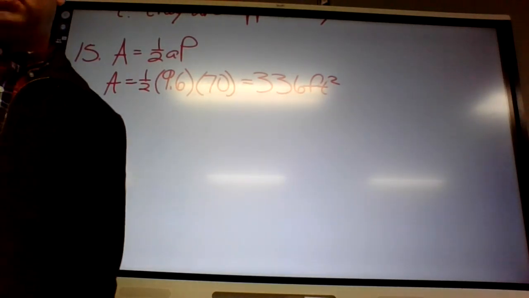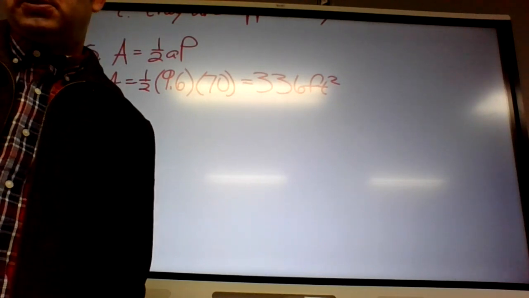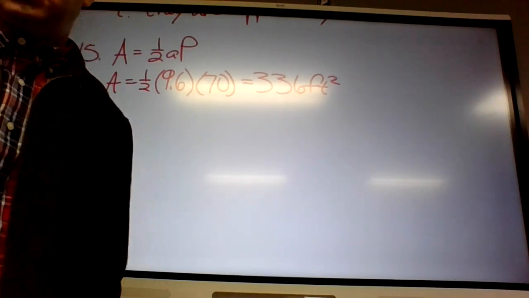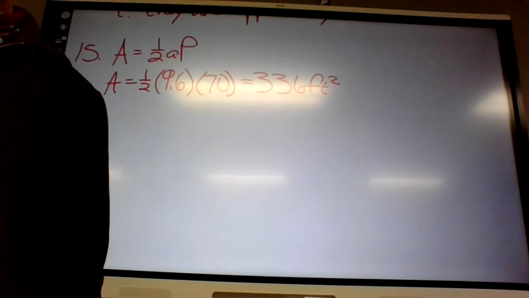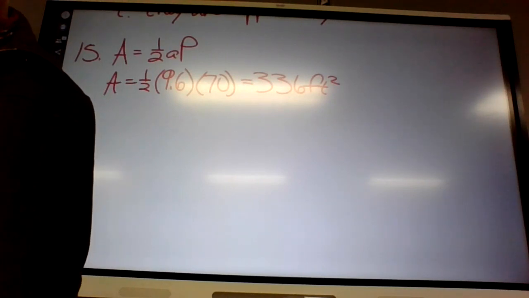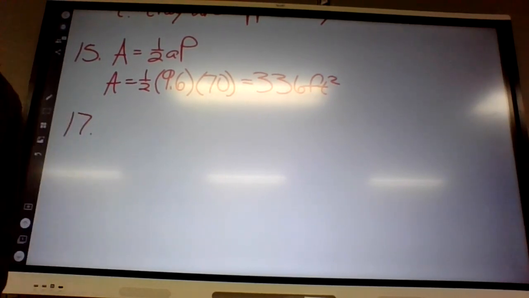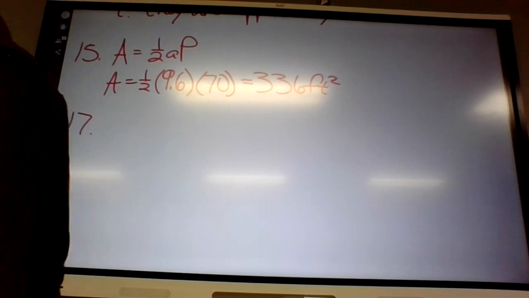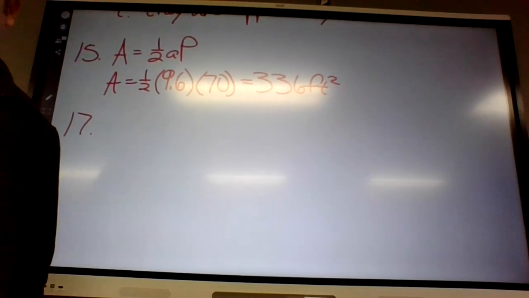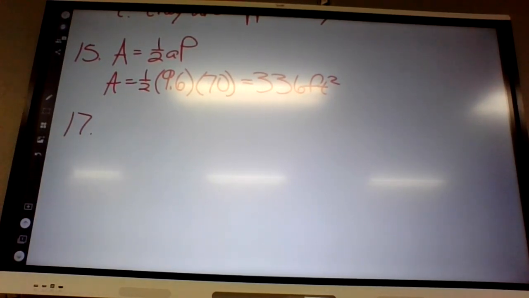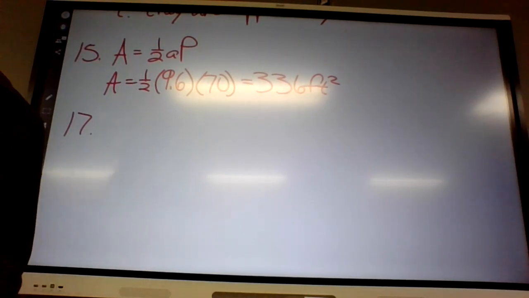17. 18's got a little bit of a trick on it. Okay, 17, perimeter on 17. How many sides does 17 have? 8? Is it 8? No, 7.